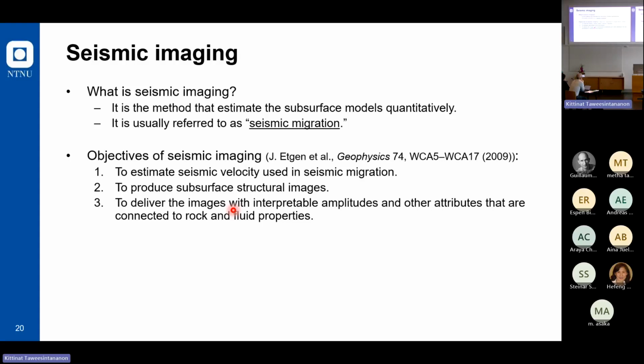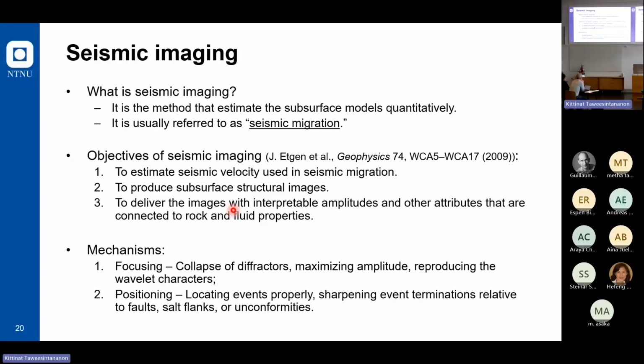So we need to care not only about the travel time, but also about the amplitude. The two mechanisms: the first is focusing, to collapse the diffractors and try to produce a good wavelet and background for the final seismic image. The second mechanism for seismic imaging is positioning, trying to correct the position of the seismic reflection.